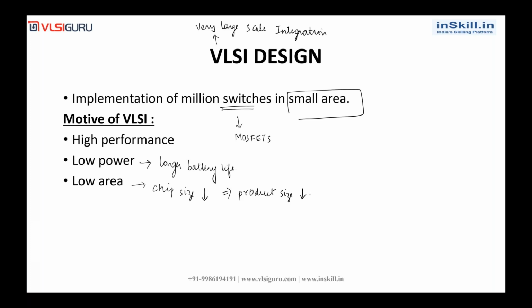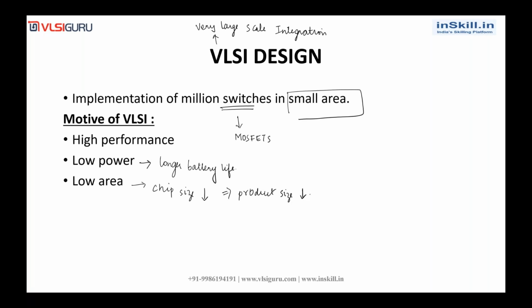These are all the motives of VLSI. If any company is designing a chip, they will have some primary conditions that have to be met. One is high performance. Second is low area, because if chip size is less, then product size will be less. And the other one is low power, so we go for low power design in order to get a longer battery life.